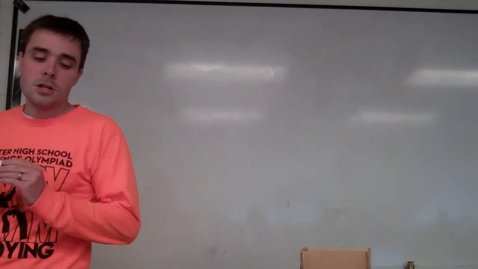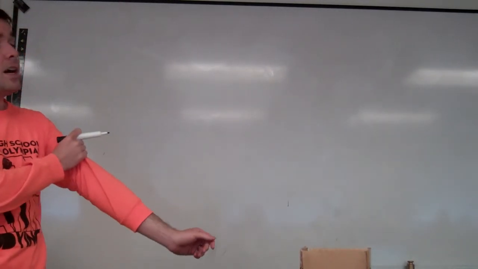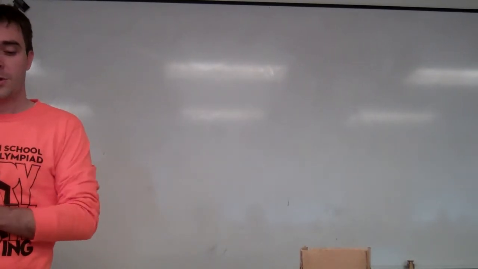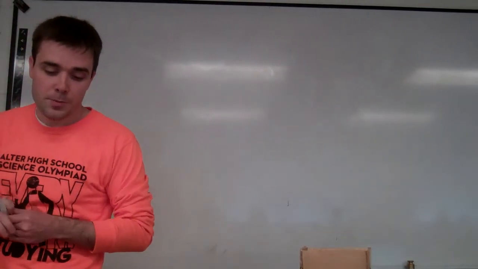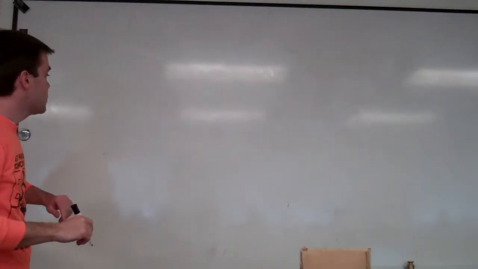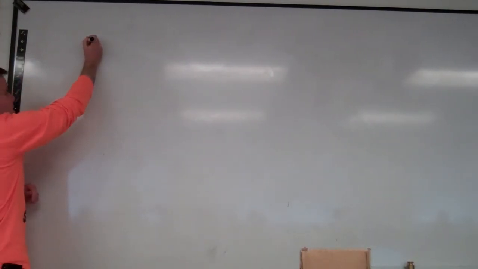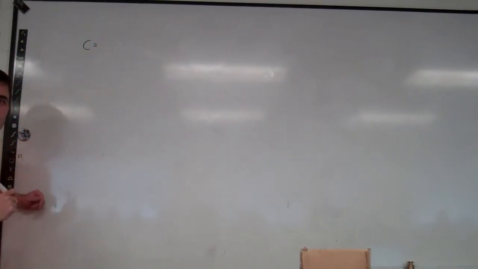Alright. So I want to at least get through what all the equations mean here, and if we don't get to them today, that's okay. We'll probably get like 1 or 2 problems. Alright. So for c equals f lambda, anybody know what c is? Speed of light.